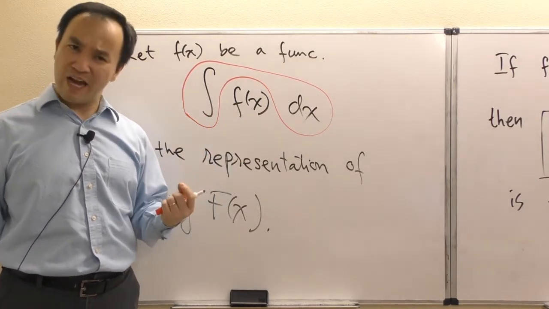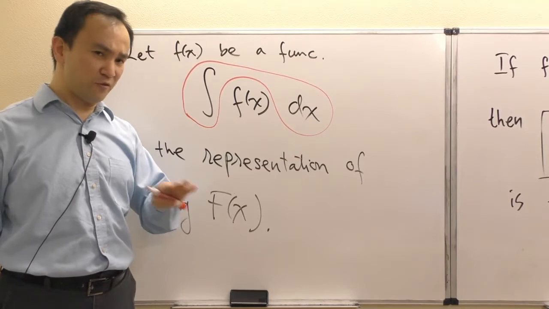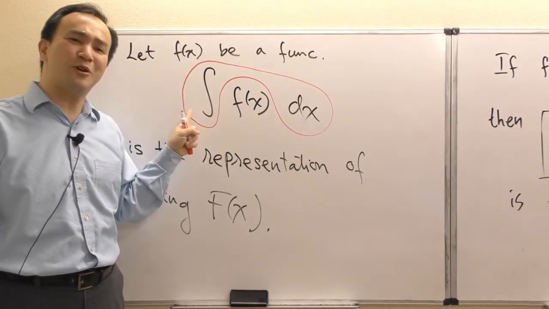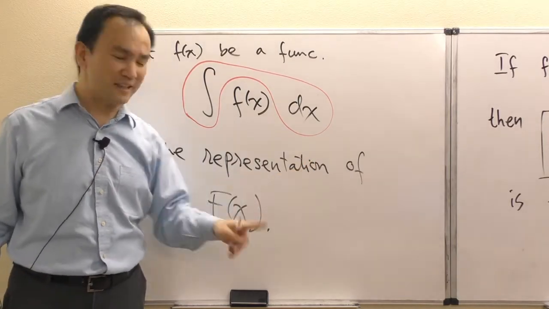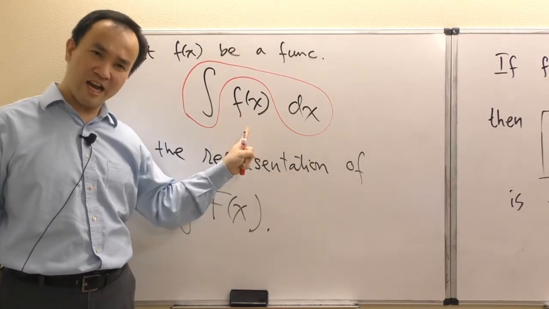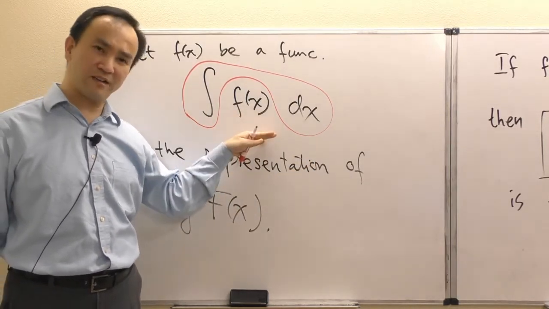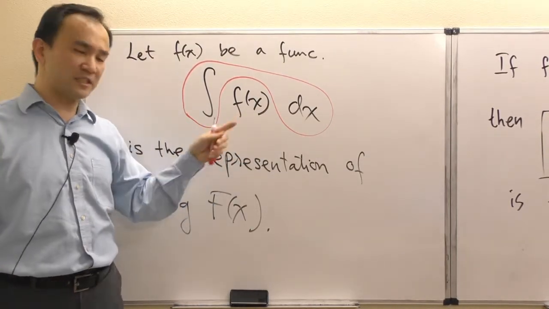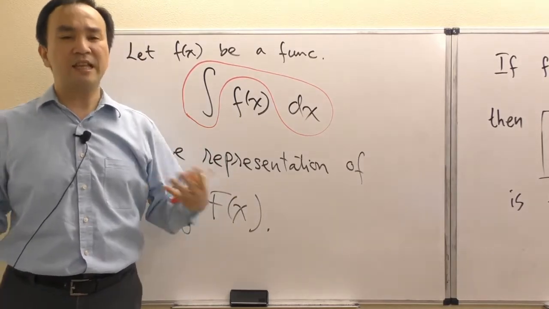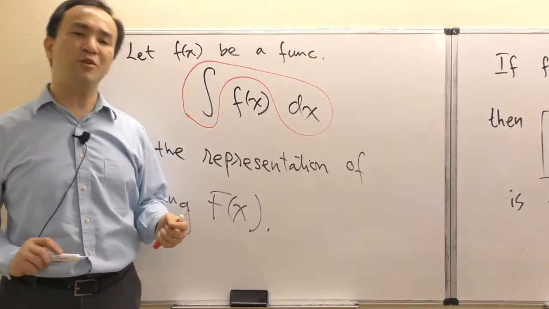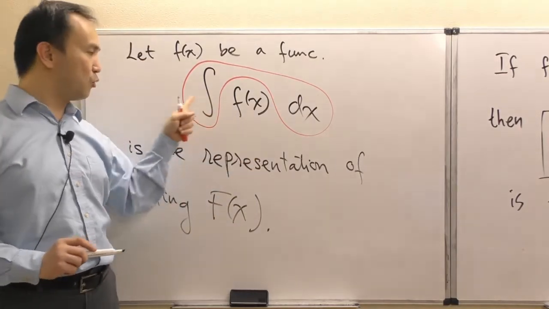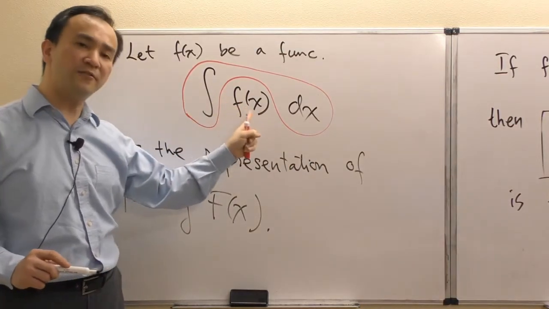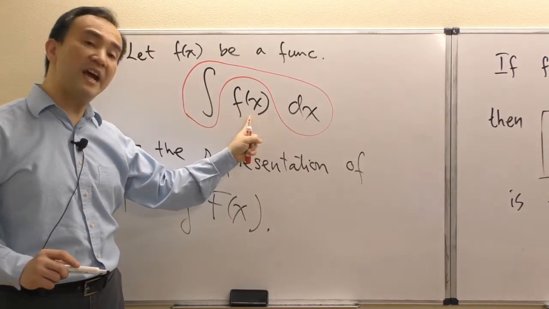If you're asking me, Mr. Professor, what do we call this? Don't worry about that. You only see the symbol attached to the function. Instead of me telling you to find the antiderivative of f of x, and think of the amount of time it takes to write that in words, one symbol tells you that we are looking for the antiderivative of that function f of x.